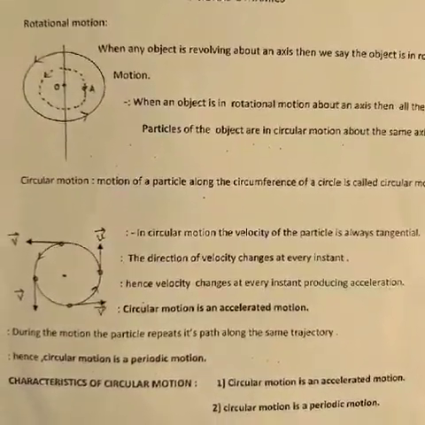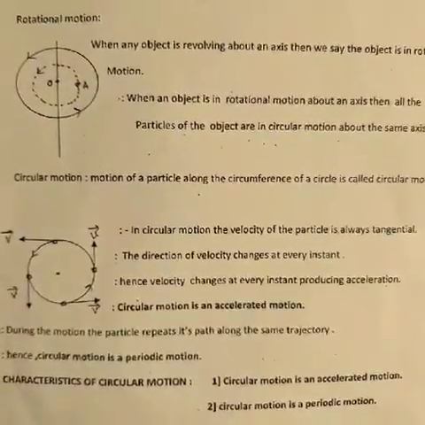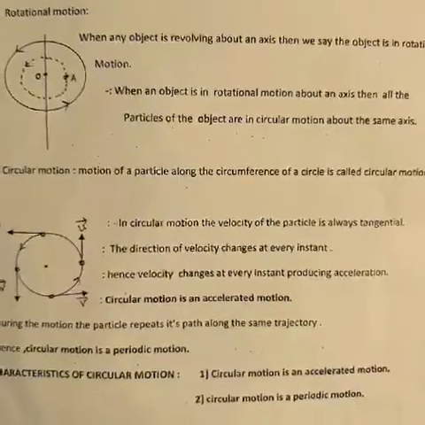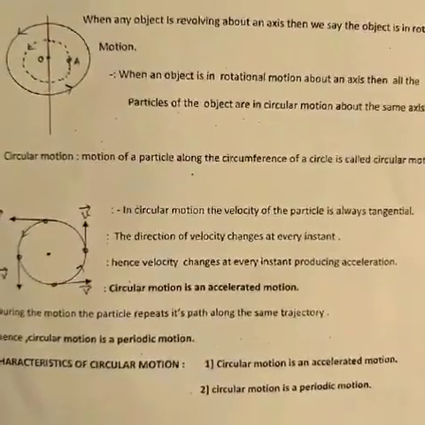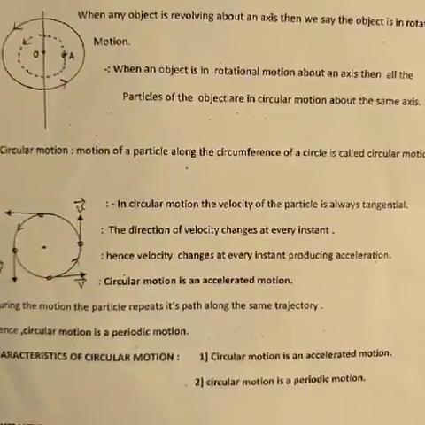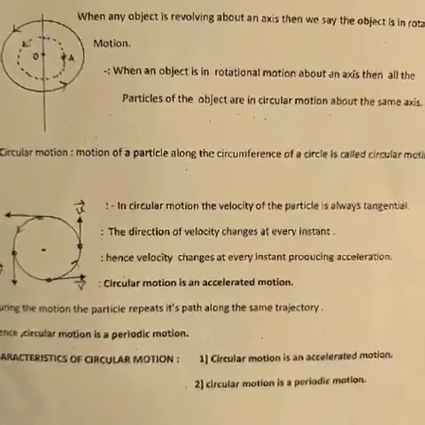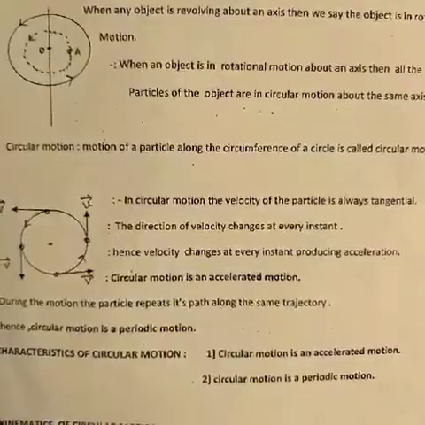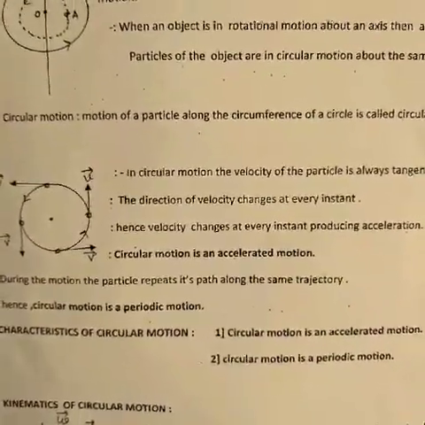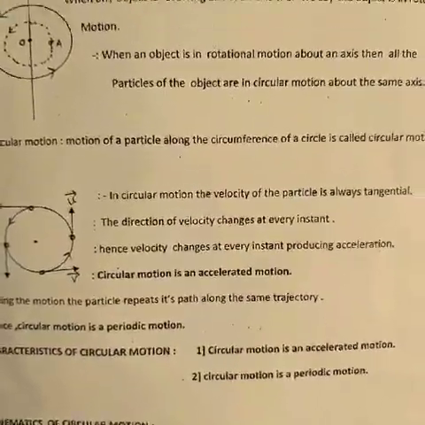When any object is revolving about an axis, then we say the object is in rotational motion. When an object is in rotational motion about any axis, then all the particles of the object are in circular motion about the same axis.